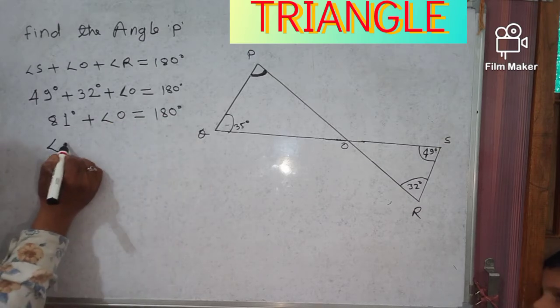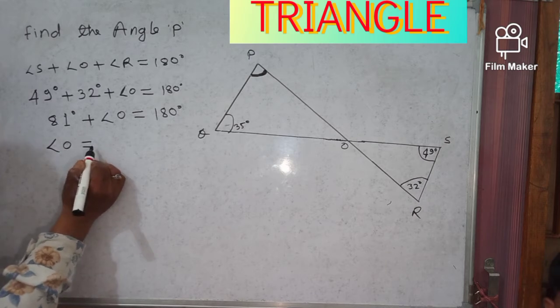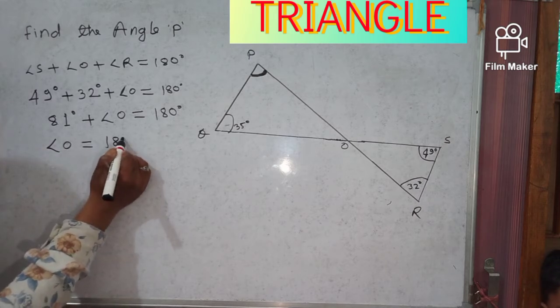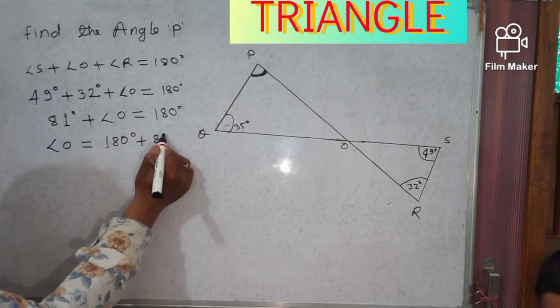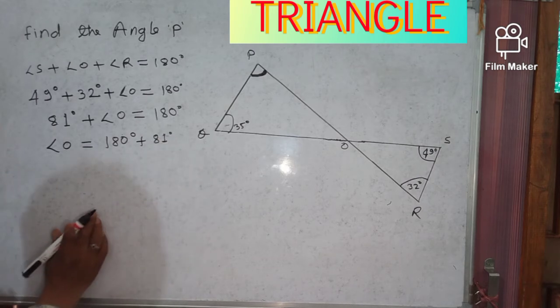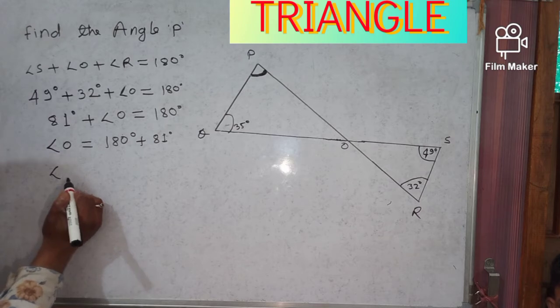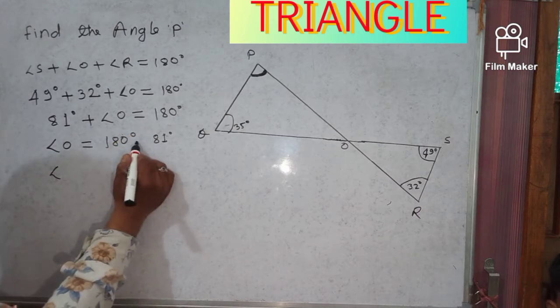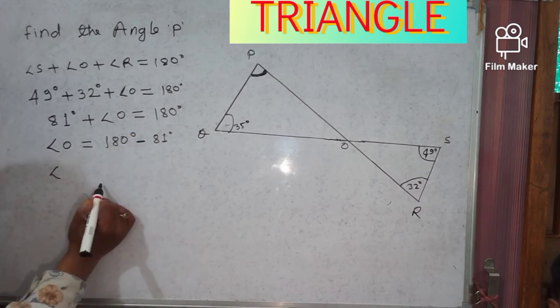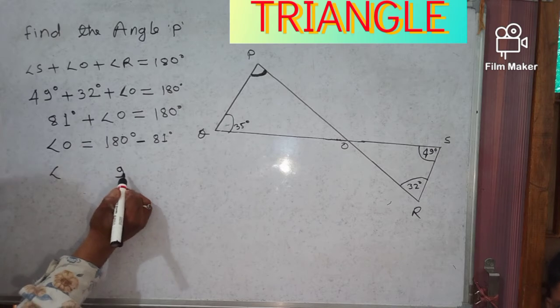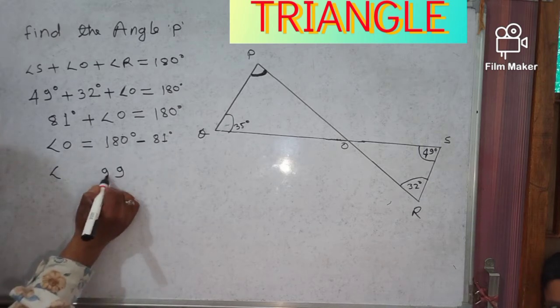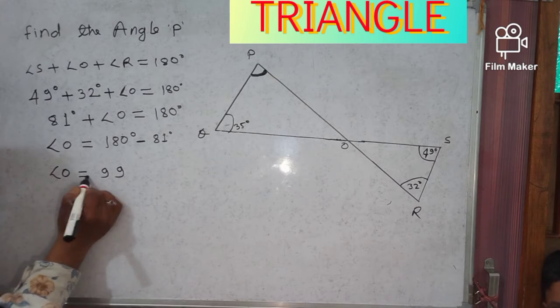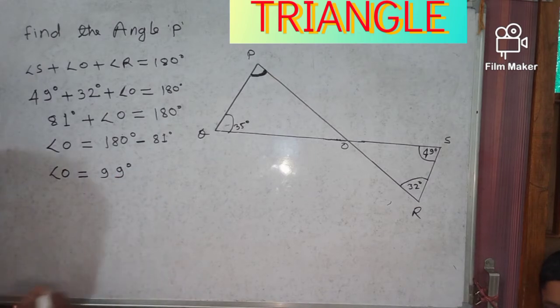Now angle O is equal to 180 degree minus 81 degree. So subtract it. Now see here, 9 and 17 minus 8, it will be 9. So angle O is equal to 99 degree.